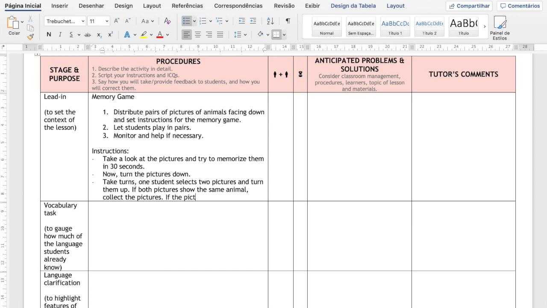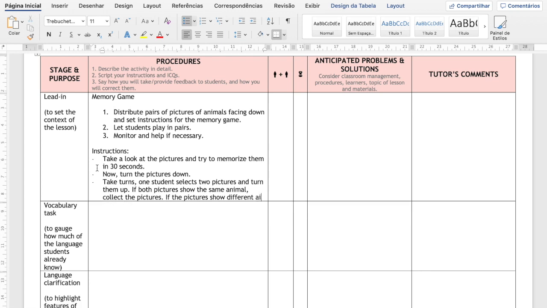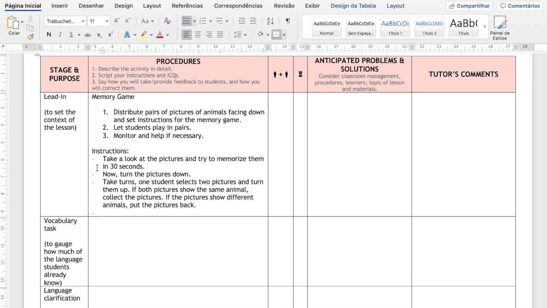If the pictures show different animals, put the pictures back. So whoever has more correct pairs at the end wins.